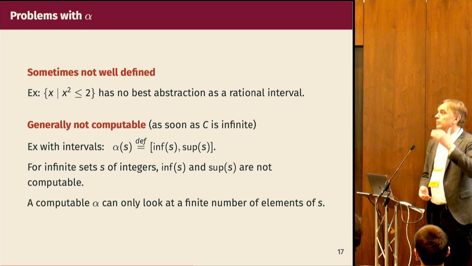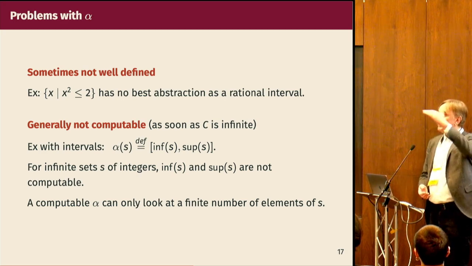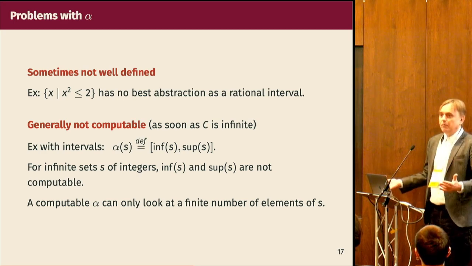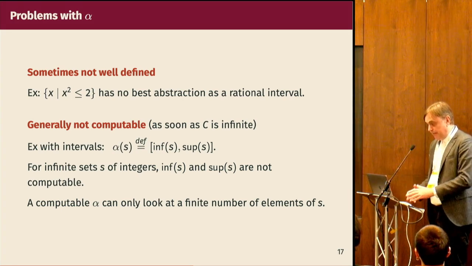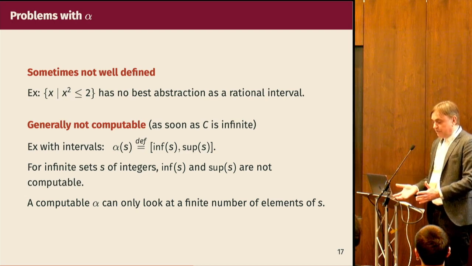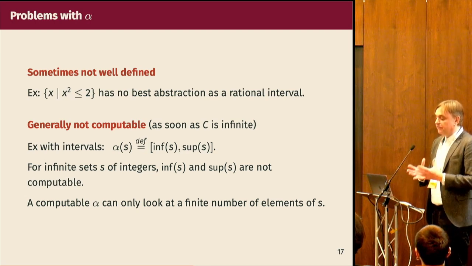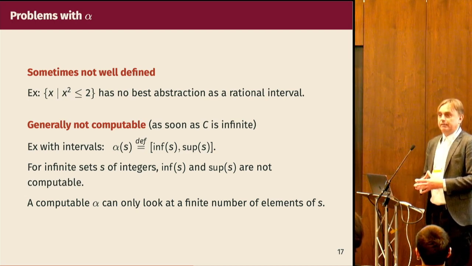Just being able to compute whether a set has an upper bound or not would solve the halting problem and pretty much all problems in computability theory. So, of course, a computable alpha can only look at a finite number of elements of the set S.